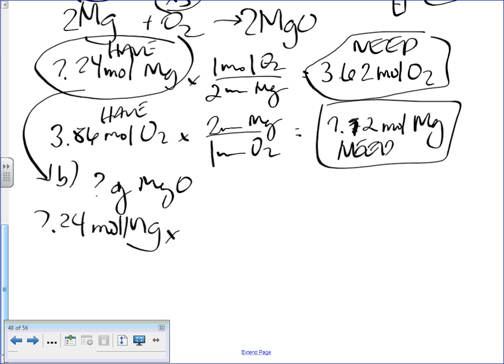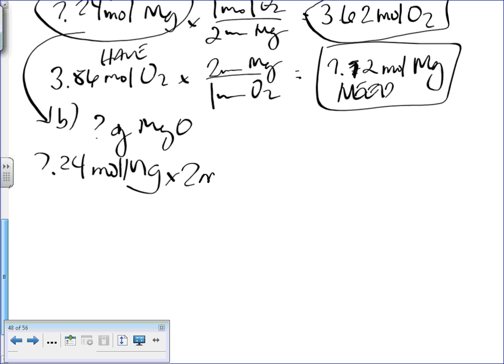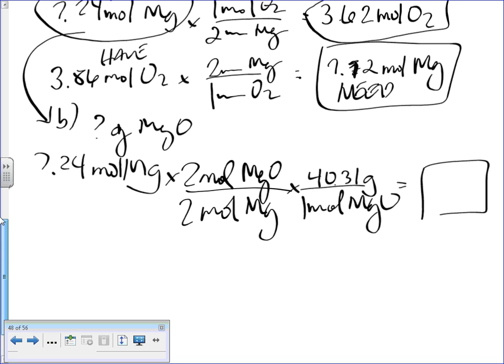Any mole ratio, which is what in this case? 2 to 2. So 2 moles of magnesium oxide form for every 2 moles of magnesium. Last step. Convert to grams. What's that molar mass? 40.31 grams. Answer. Okay.